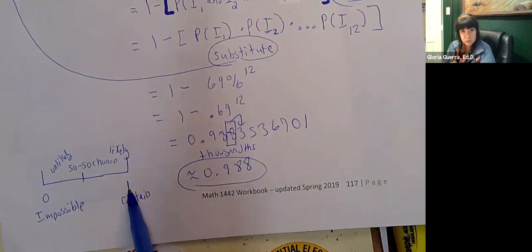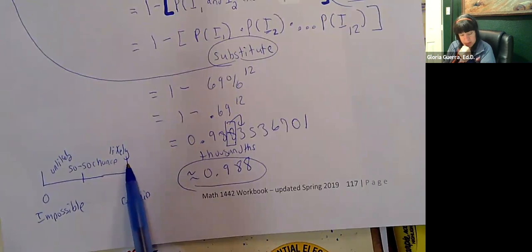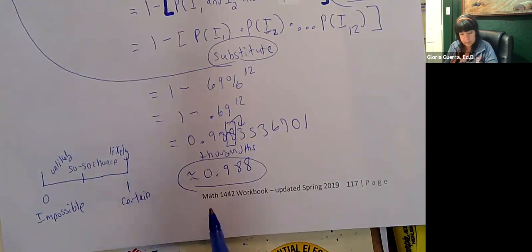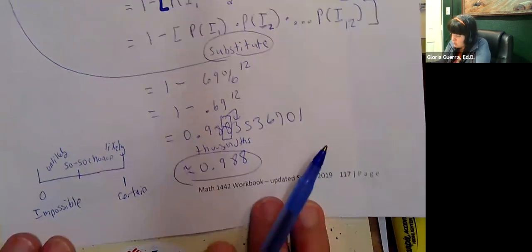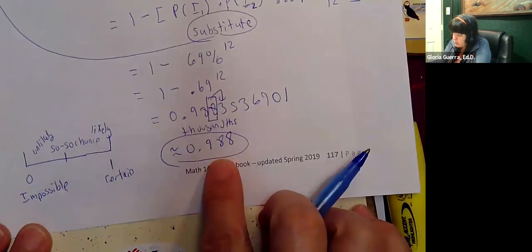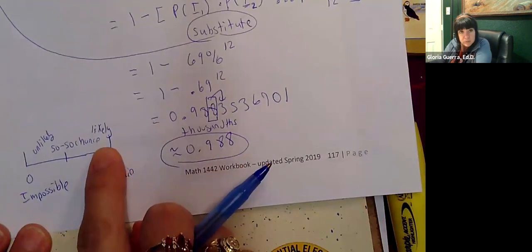Okay, that's certain to occur. You're real close over here. This is a highly likely event because it's close to 1. Yeah, so it's close to 0.988. That's real close to 1 on this side somewhere.